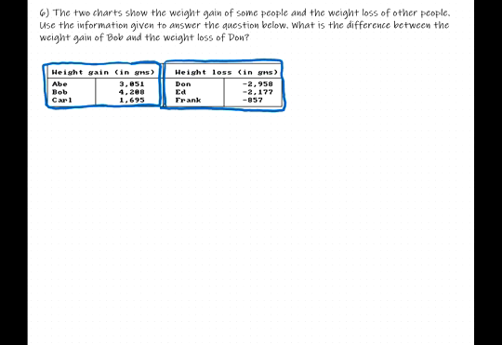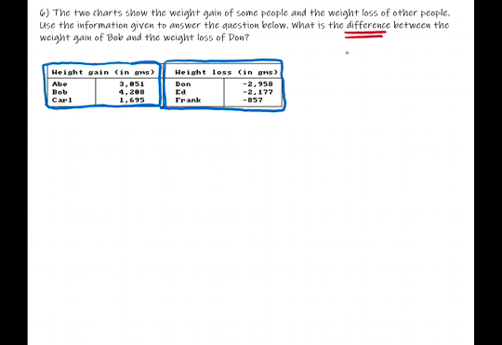Now, in solving word problems, very often it comes down to identifying key words. Before we do the math, we have to first determine what math we have to actually do. Before we do the calculations, we need to figure out what operations to apply. Do we add, subtract, multiply, divide, or something else? And in this case, the key word is difference.